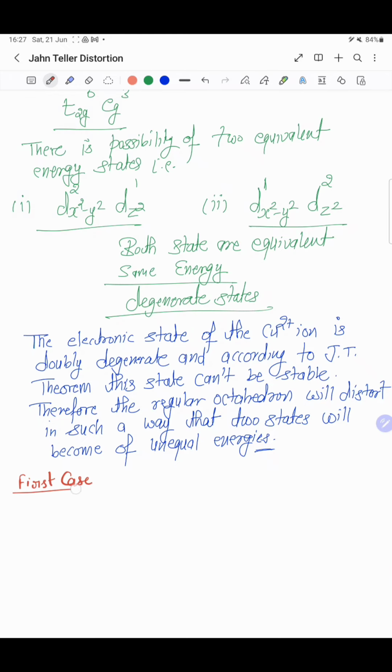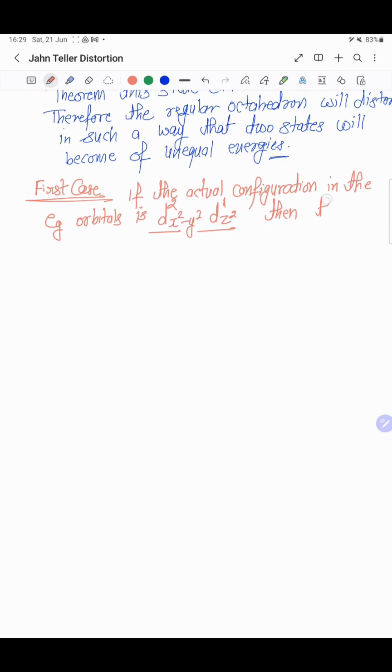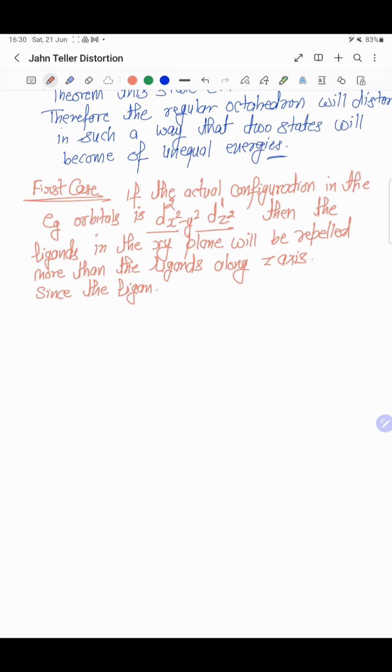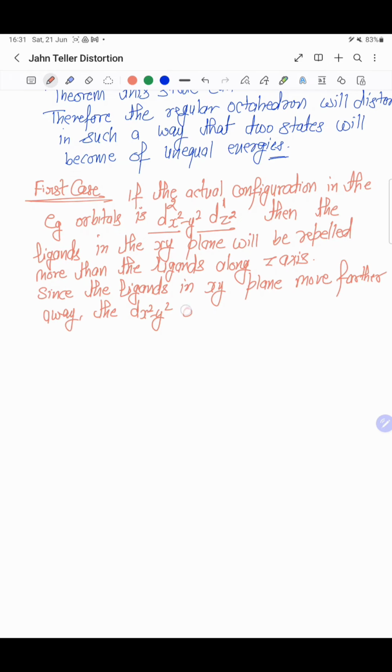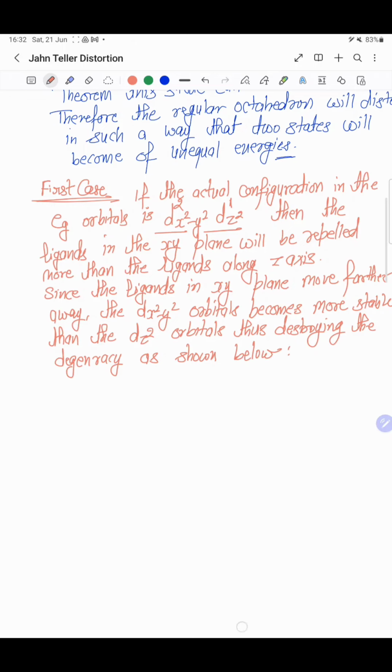First case, if the actual configuration of the eg orbitals is dx²-y² having 2 electrons and dz² having 1 electron, then the ligands in the xy plane will be repelled more than the ligands along the z-axis. Since the ligands in the xy plane move further away, the dx²-y² orbital becomes more stable than the dz² orbital, thus destroying the degeneracy as shown below.